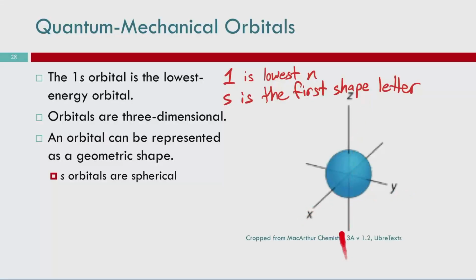The X, Y, and Z here are just showing us that this is 3-dimensional. What sort of shape is this? It's a sphere, it's a ball. Sphere is nice because S orbitals, S starts with S, and spherical also starts with S. So S for spherical.